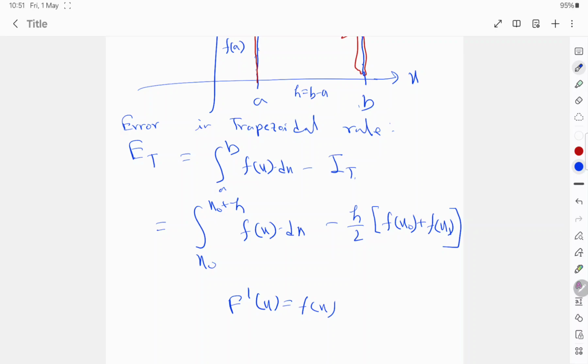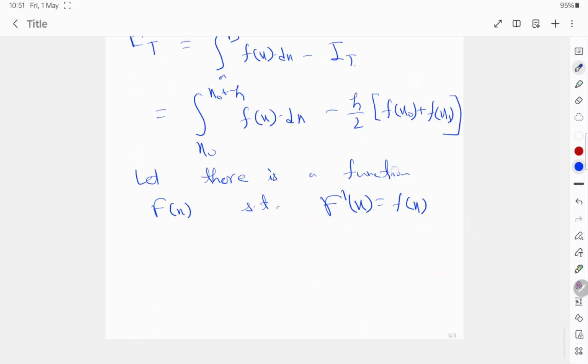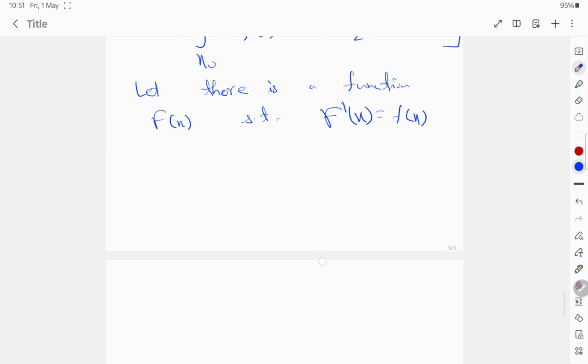You may not know the exact form, it may be very difficult, but anyway there will be some function. So let there be a function F(x) such that F dash x equals f(x).